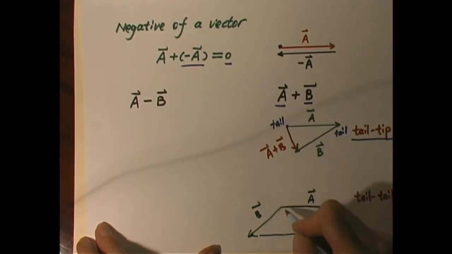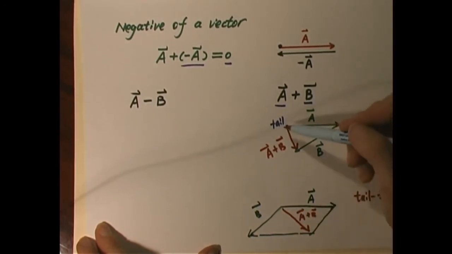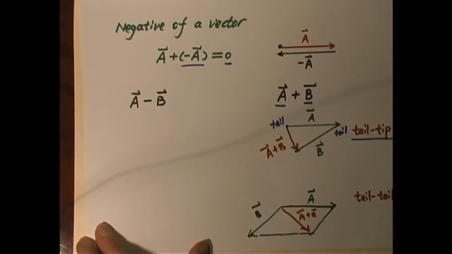This is A, that is B. And the resultant will be A plus B. So they're pretty much the same. Obviously, it looks like not exactly because I did not use the ruler. We have to keep exactly the same length for B and A, and you will end up with the same thing. So this is a demonstration of how to add A and B, tail-tip, and this is tail.